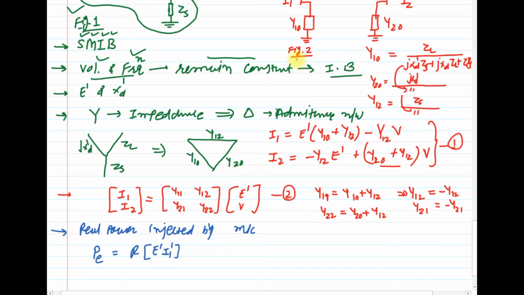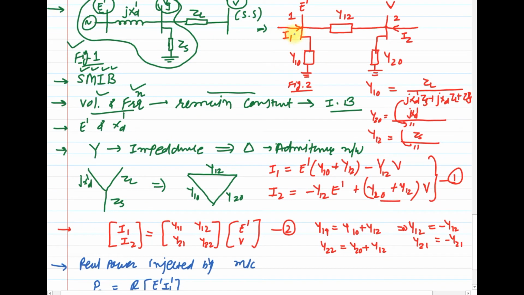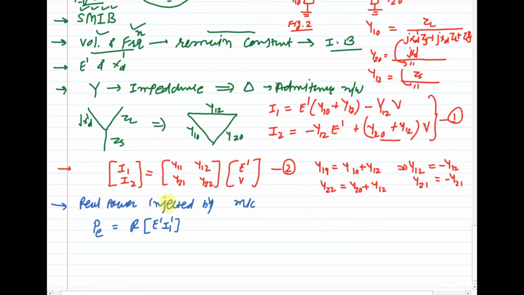As at node 1 the machine is connected, the real power injected by the machine into the system is equal to P. Just write down the value of E and I star.